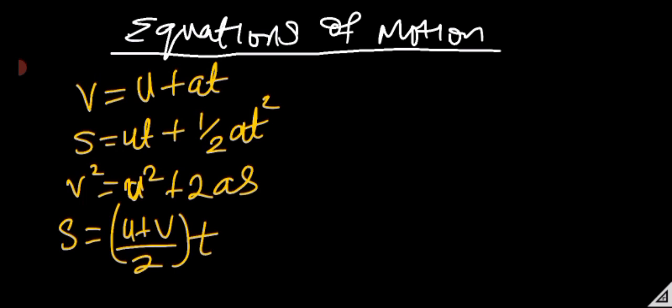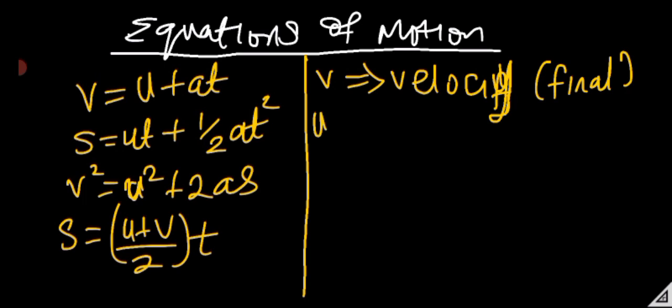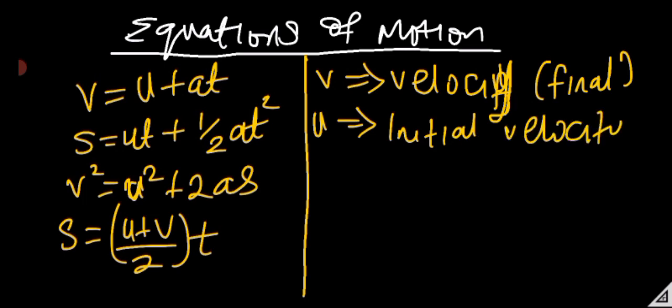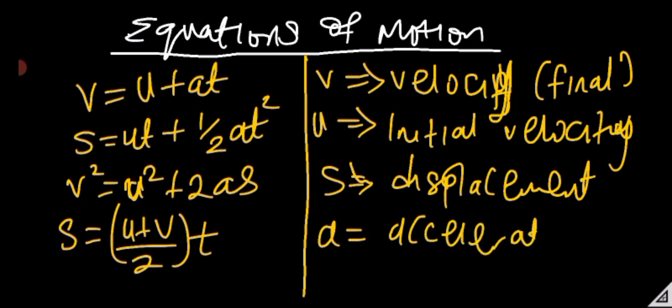Now, listen very carefully in terms of the parameters. v is called velocity, not just velocity, it's called final velocity, right? u is initial velocity. s is called displacement, the displacement of the body, the distance moving in the specified direction. a is acceleration, and t is time.